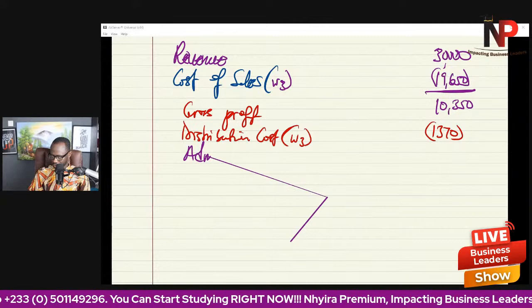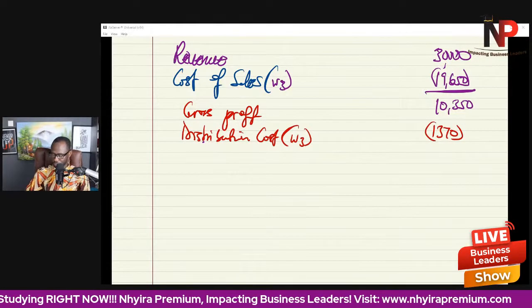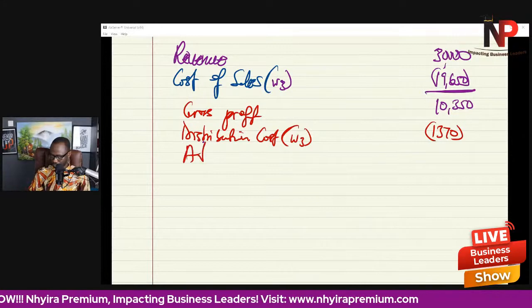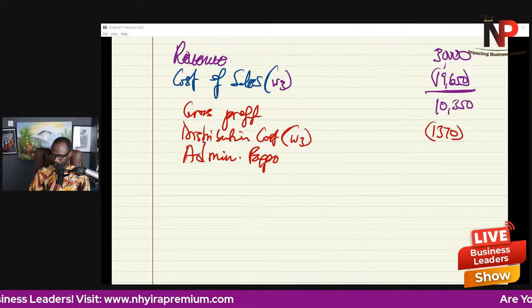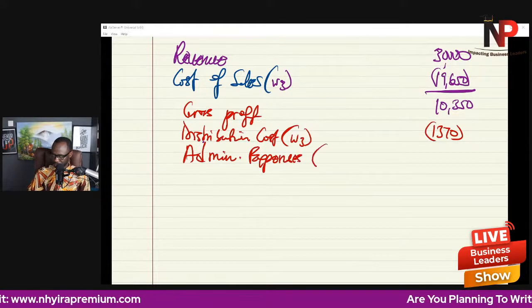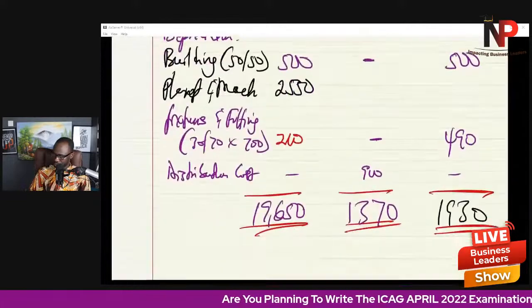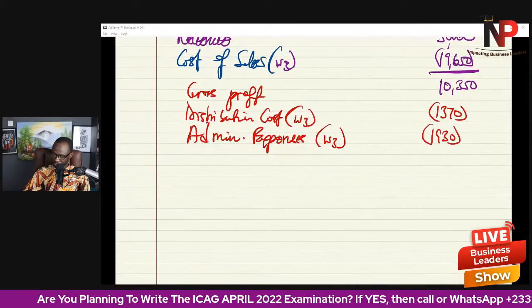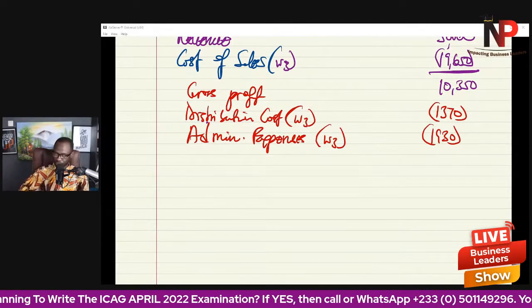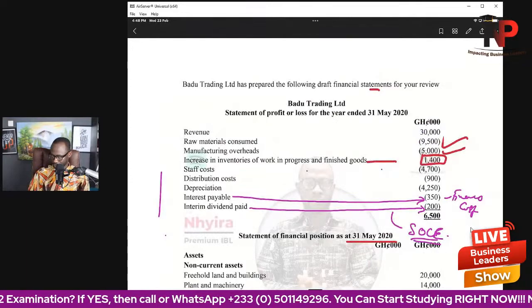Again, that's workings 3. It's 1930. You less it up, and it appears that is all.